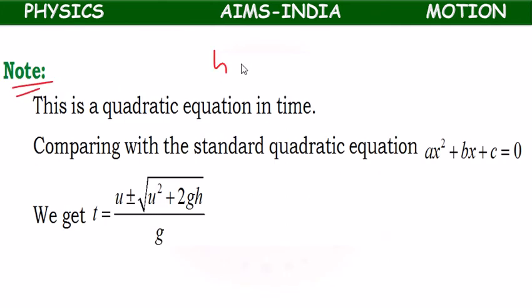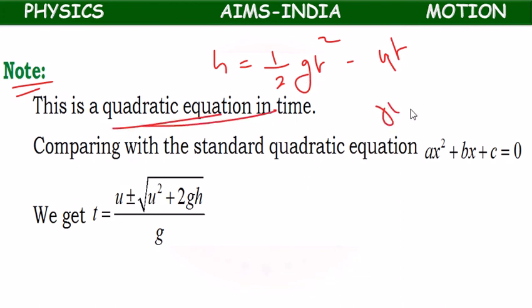So h equal to half gt square minus ut. This is a quadratic equation in time, children.